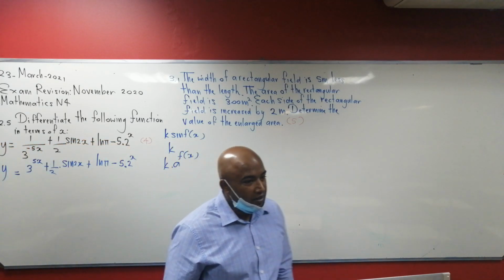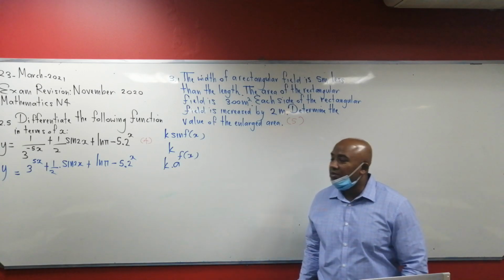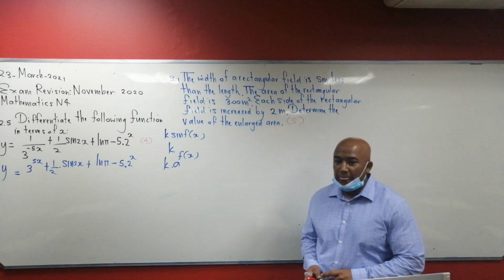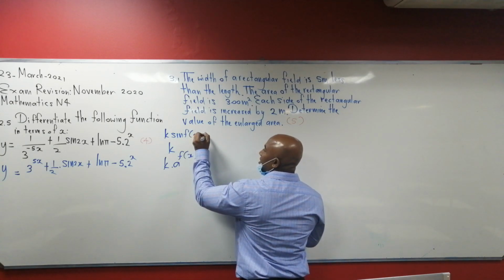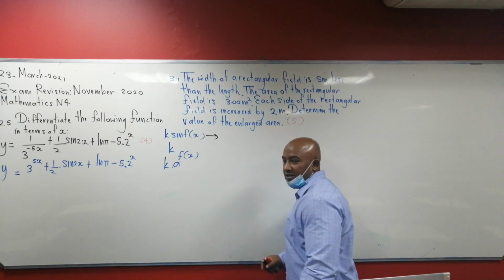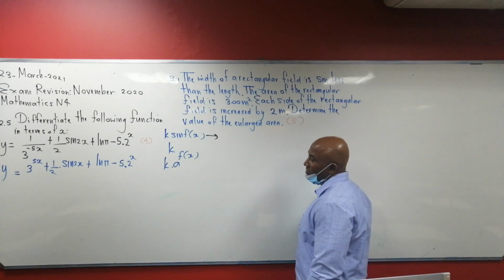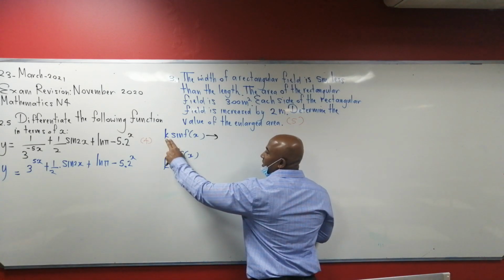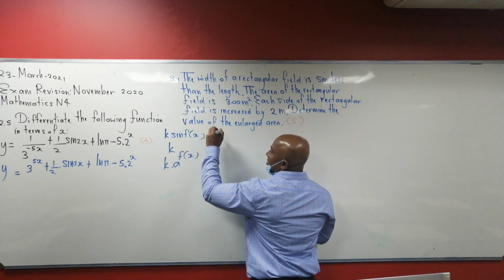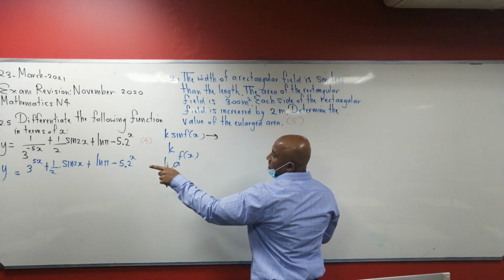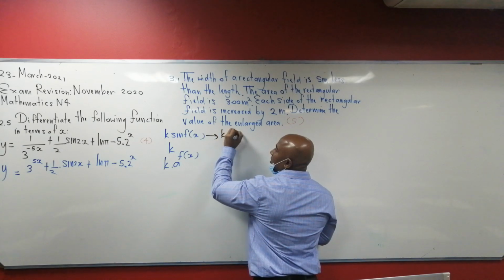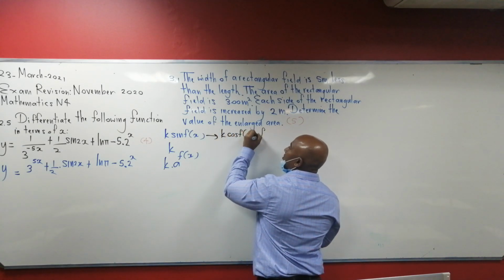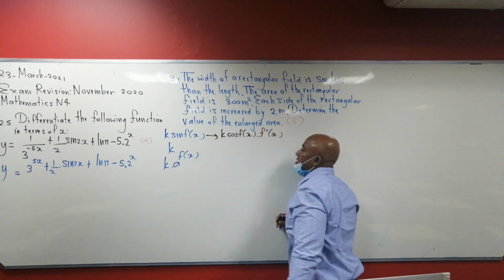You need to make sure every single term is in standard form. So now, your table of derivatives, I told you to memorize this. It's a foundation for your calculus. When you differentiate k sine f of x, it will be k cos f of x times f prime x.